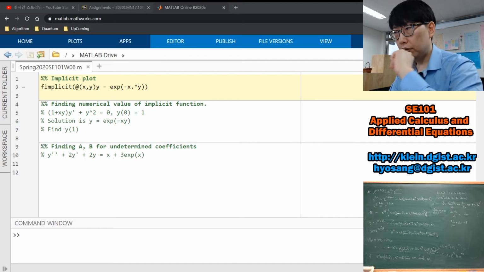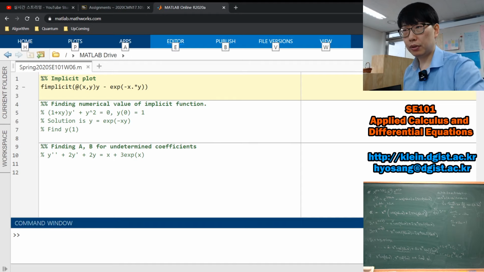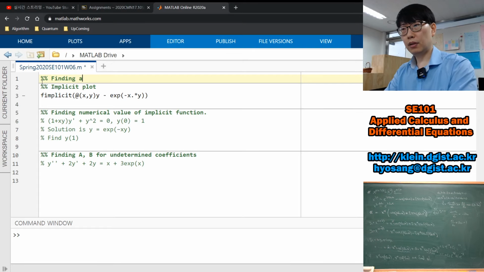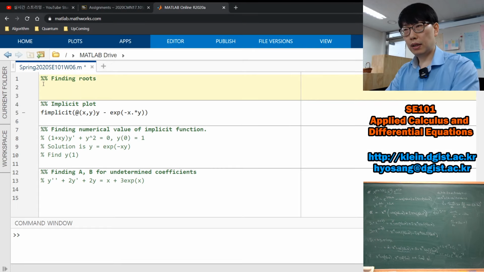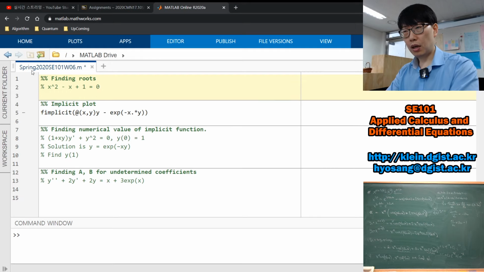For example, if you want to find the roots, let's say x squared minus x plus 1 equals 0.